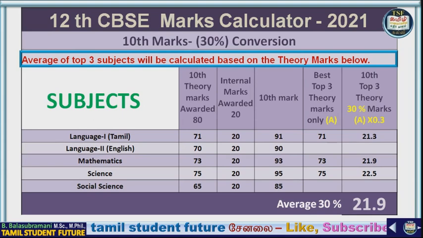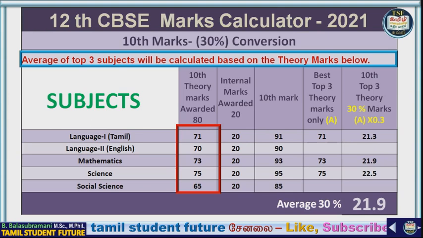The 10th theory marks awarded: language Tamil 71, language 2 English 70, Maths 73, Science 75, Social Sciences 65.